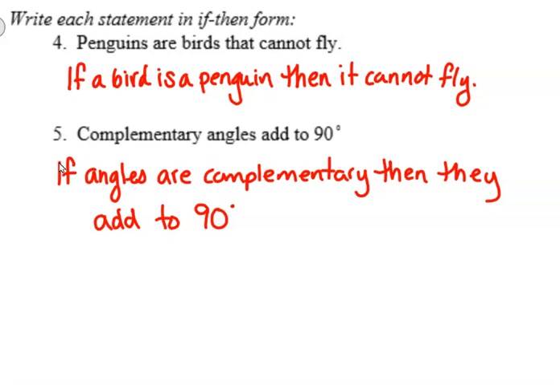So again, when you're writing your own sentences, you want to keep as much of the original as you can. You definitely need to put in the words if and then. Main thing is don't flip the hypothesis and the conclusion.